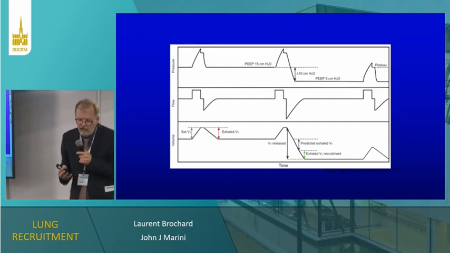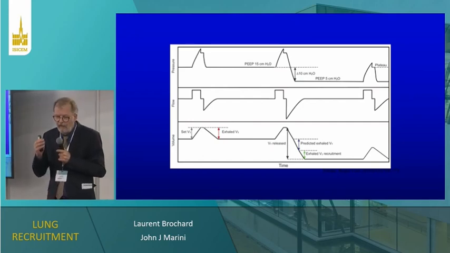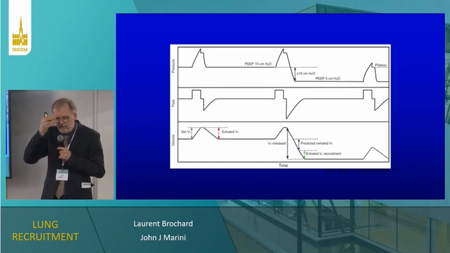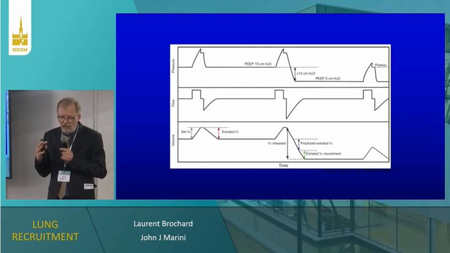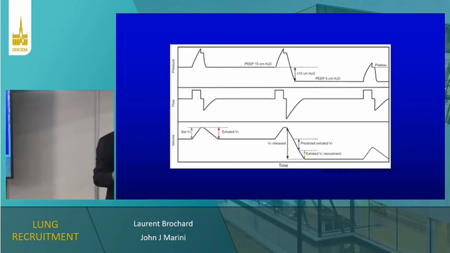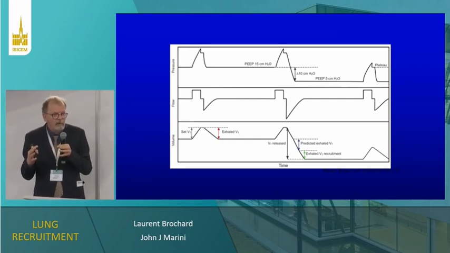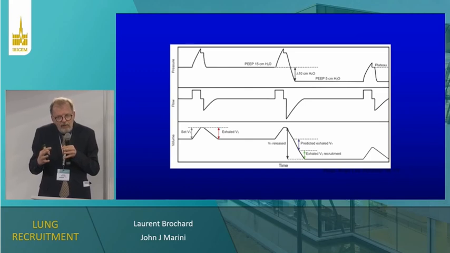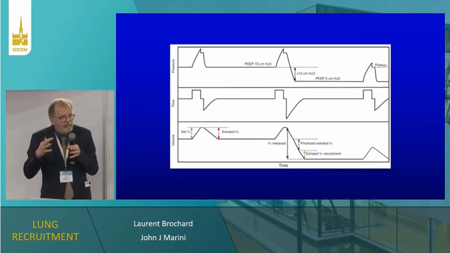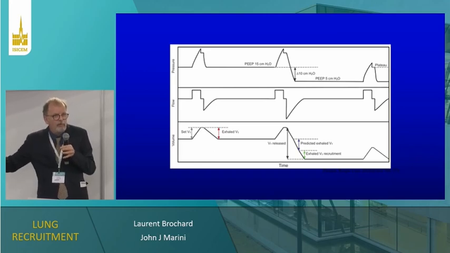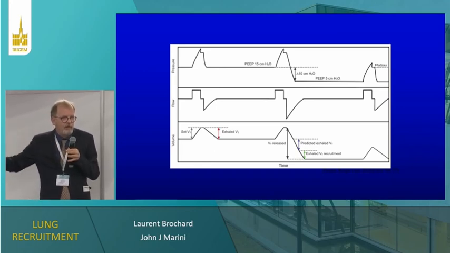So, what we did is a very simple technique based on relatively simple considerations. We said if the lung is non-recruitable, it means that when you inflate the lung, you can exactly predict how much volume you will get for a certain pressure.